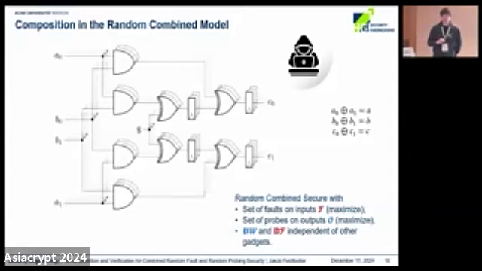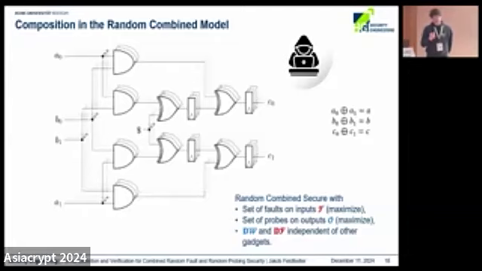And here we restrict ourselves to the combination of masking, which is what we heard in the first talk: you split the computation into different independent parts and recombine afterwards. And replication, where we compute the value multiple times to then have a majority vote for correction.